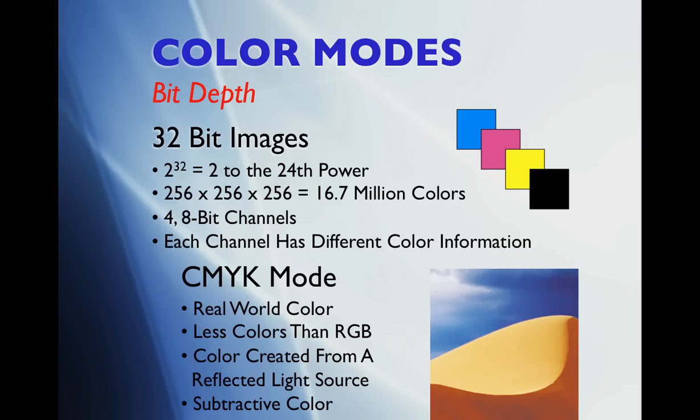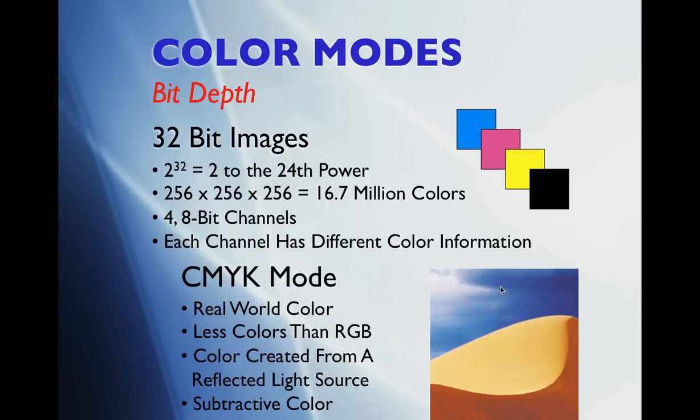And so what it does is it approximates what things look like in CMYK, and it breaks the image down into 4 8-bit channels, 4 grayscale channels, each one carrying the color information for that image.